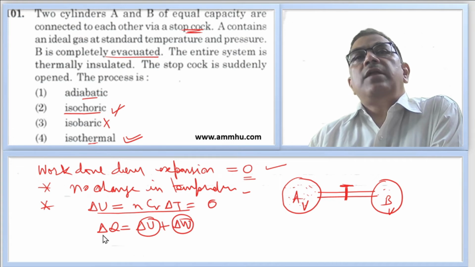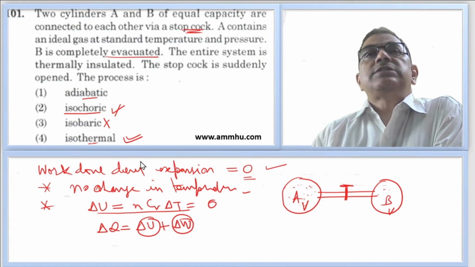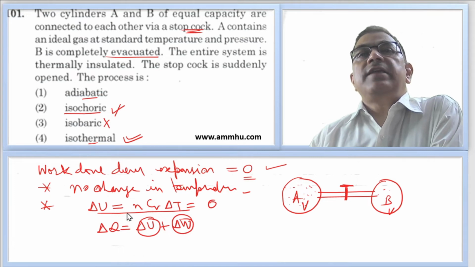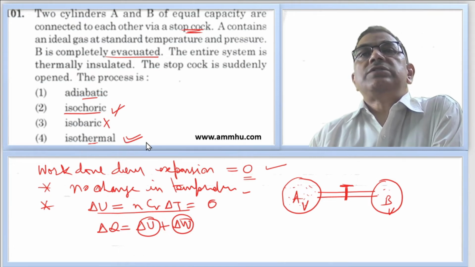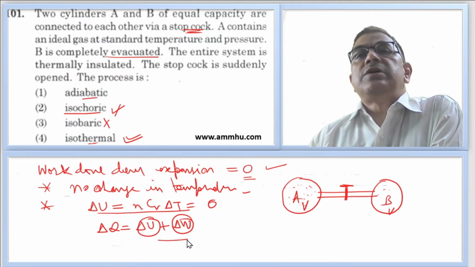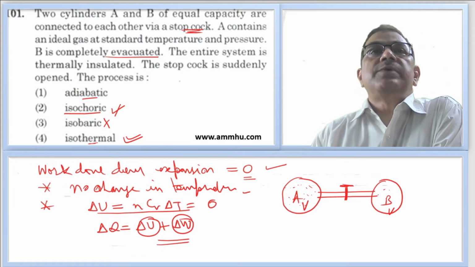Because in adiabatic expansion, work is done at the expense of internal energy, and because there is no change in internal energy, the process cannot be adiabatic. So this is isothermal. Free expansion is an isothermal process. Is that right? So the fourth option is correct.